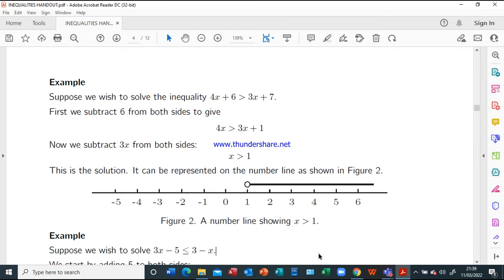The principle is you're dividing 4x by 4. Yes, so the answer is true. It should be x is less than or equal to 2.